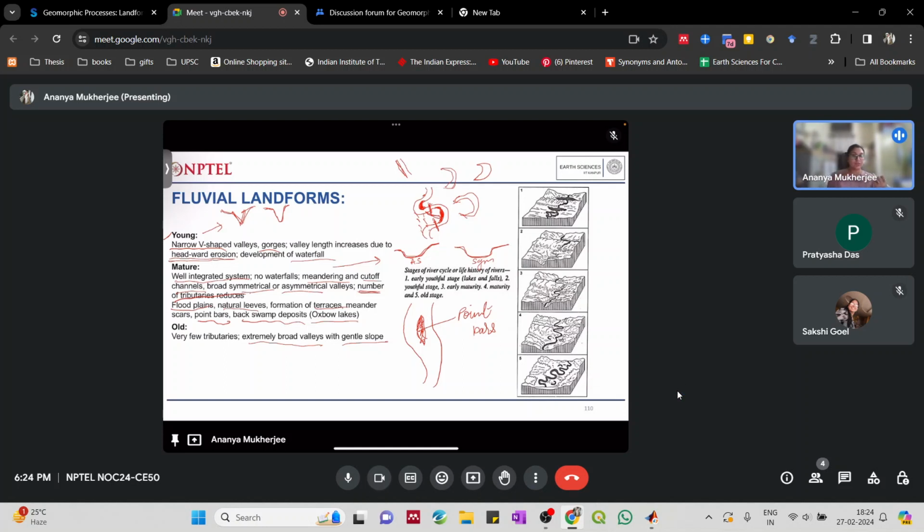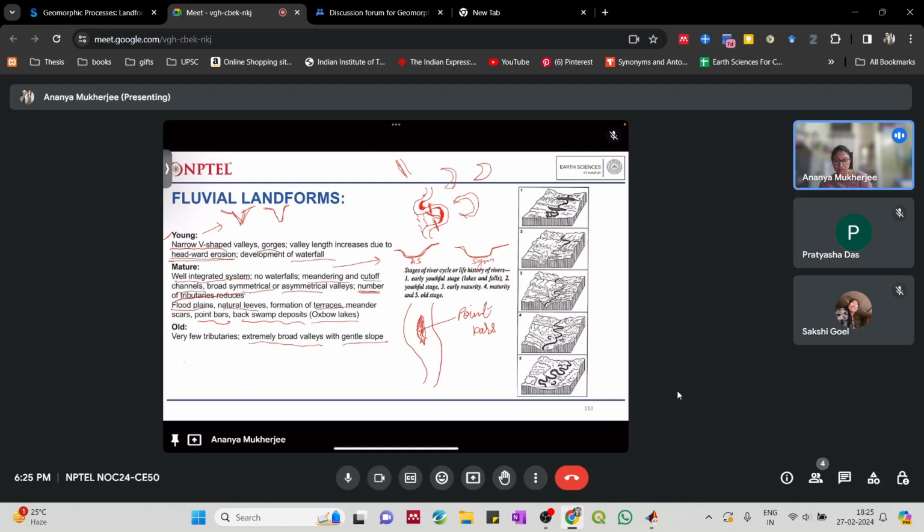So if we try to see how the discharge varies, you can see the different factors that govern the amount of discharge.